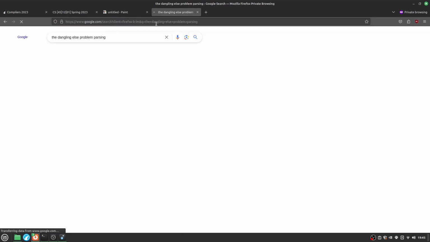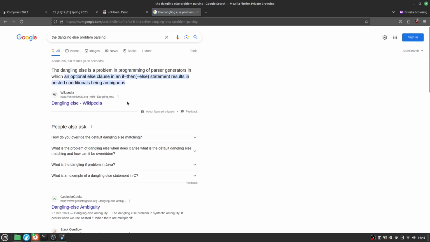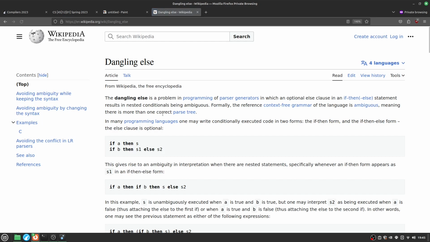Parsing. Dangling else is a problem in programming languages and parser generators, where an optional else clause in an if-then-else statement results in nested conditionals being ambiguous. Following the reference context-free grammar, the language is ambiguous, meaning there is more than one correct parse tree.